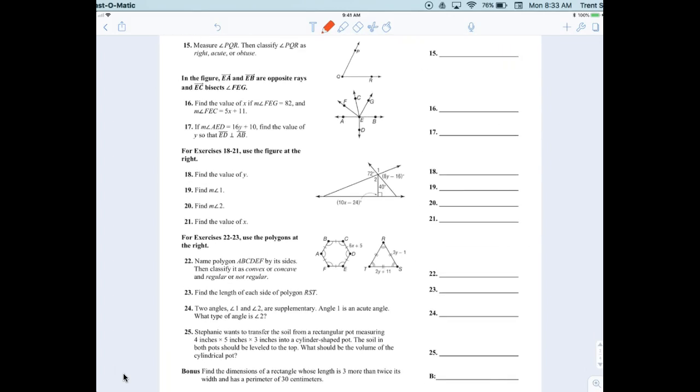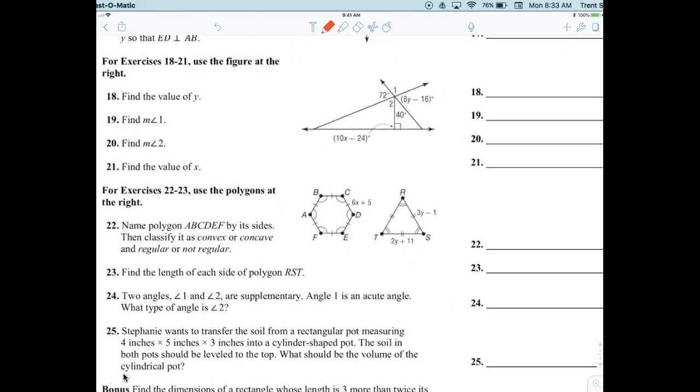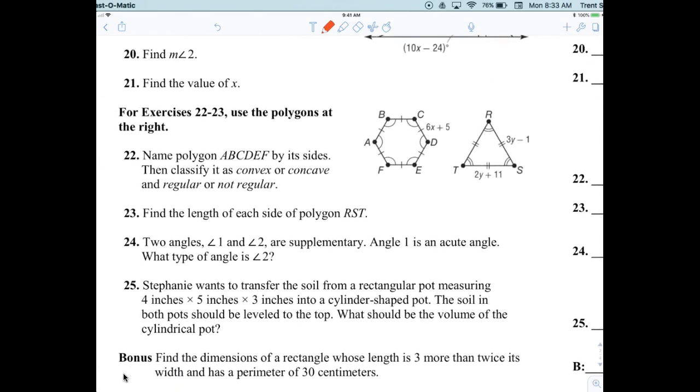Somebody quickly want to tell me about this? Aspen. Number 23. It says, find the length of each side of polygon RST. Well, do you see how it's marked congruent? So that means that is congruent to that.